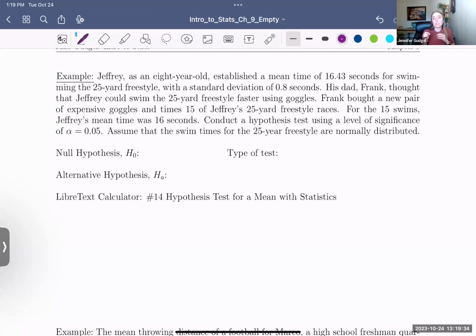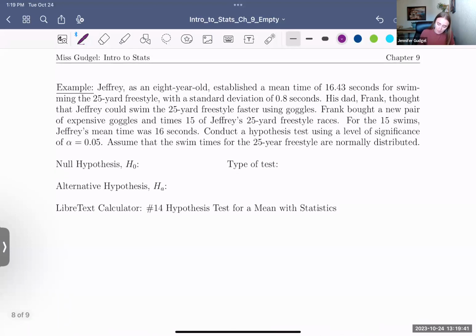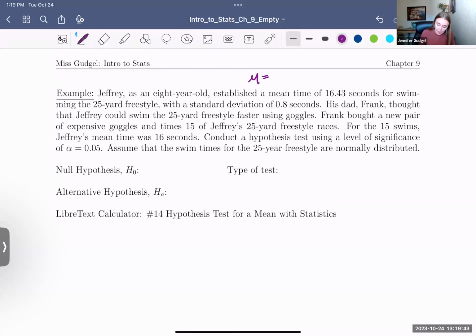All right, this is actually giving us what is thought to be his actual population mean, because it's just him, and his population standard deviation. His dad, Frank, thought that Jeffrey could swim the freestyle faster if he gave him goggles.